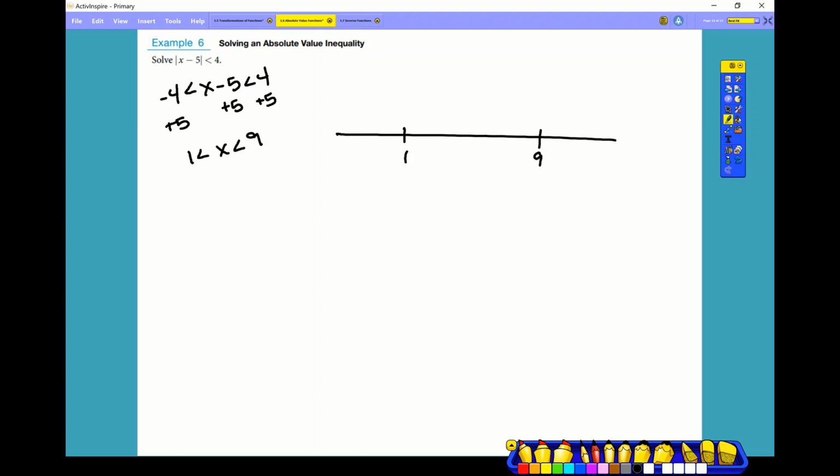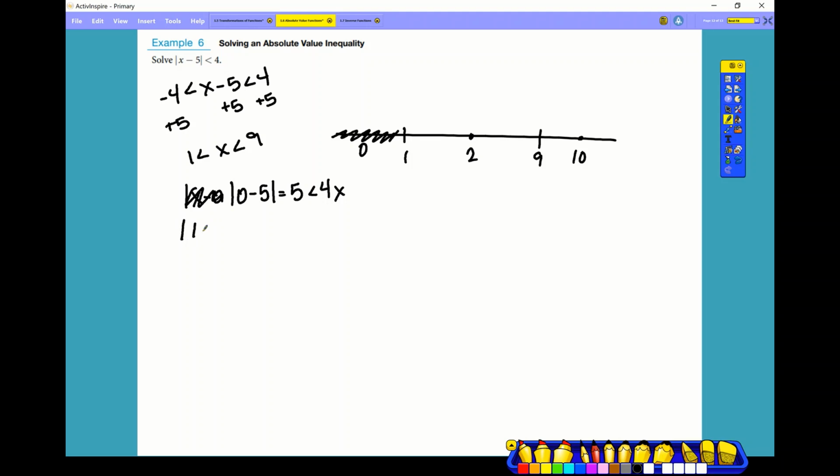That should be correct, but let's just make super sure. 0 to 10. Okay, so the absolute value of 0 minus 5 is equal to 5. And is that less than 4? No, it is not. So we do not include these guys.